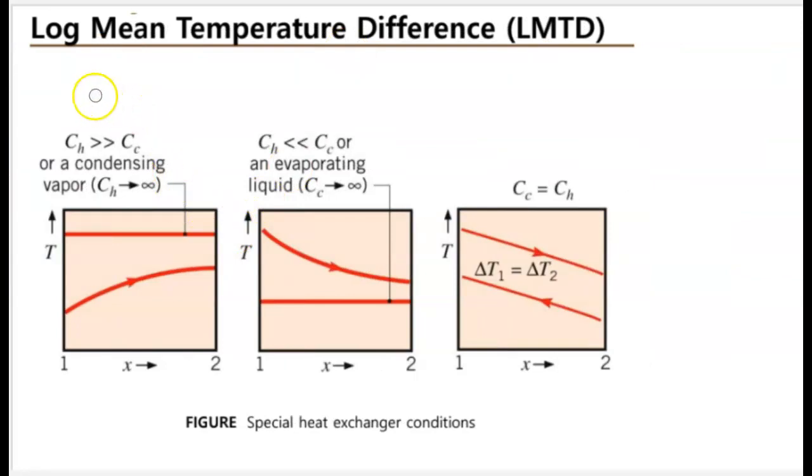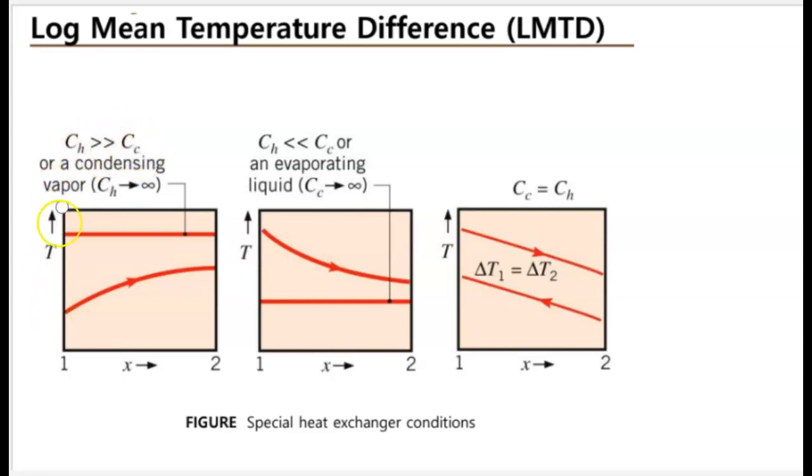Now, if we have a look at the LMTD for the different values, if CH and CC, the hot and the cold, if we are doing condensation, where the CH goes to infinity, which is that line, CH is always going to be greater than CC.